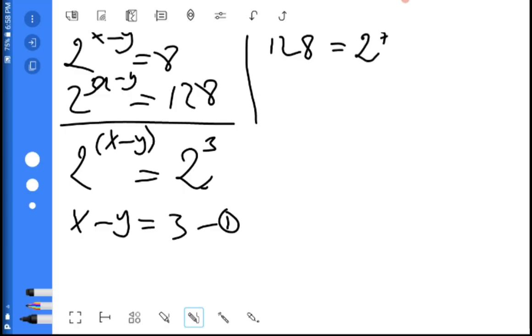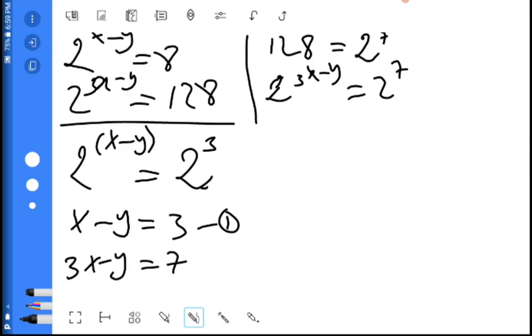So it's 2 to the power 7. We can replace 128 with 2 to the power 7, and we have 2 to the power 3x minus y equal to 2 to the power 7, which means that 3x minus y will be equal to 7. We have it as equation 2.